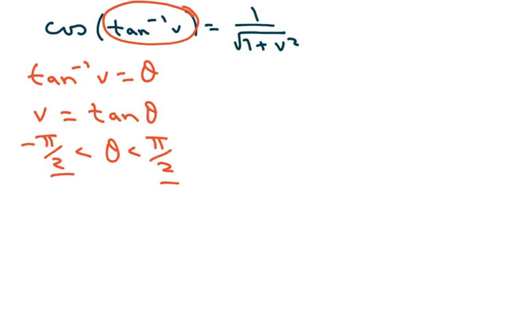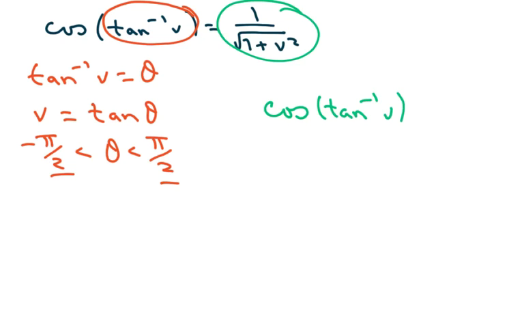Now I'm just going to write this out. I want it to look like this, so I have cosine of inverse tan of v equals cosine of theta.